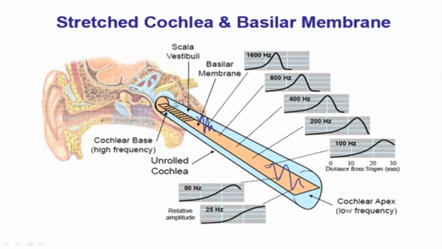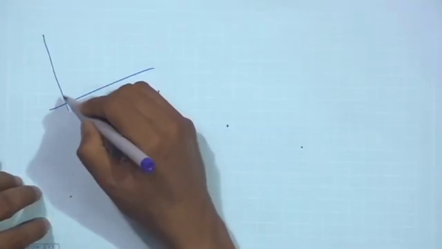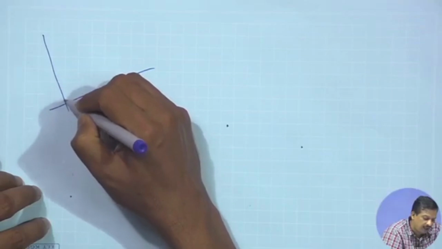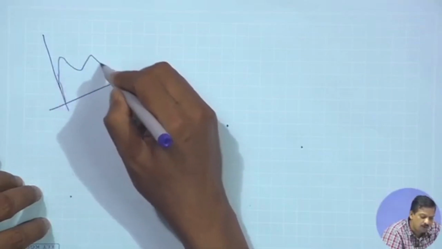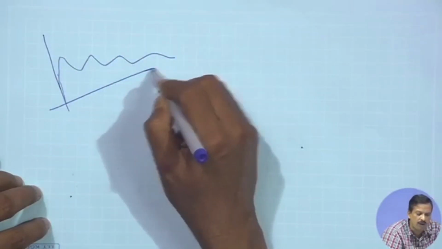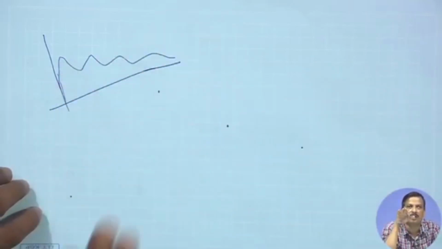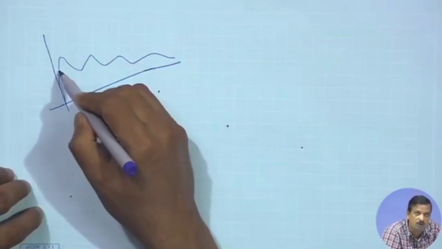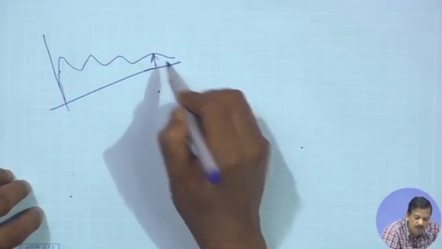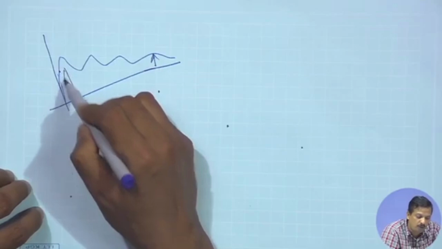Why? Because in speech production, due to the radiation load, the low frequency signals have high amplitude compared to the high frequency ones. So the acoustic wave, which is the speech wave coming in, has less amplitude at high frequency compared to the low frequency sound.